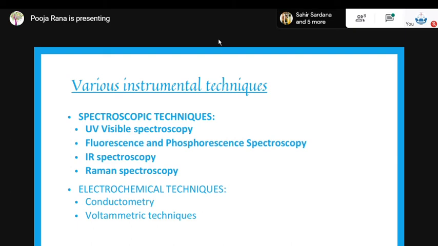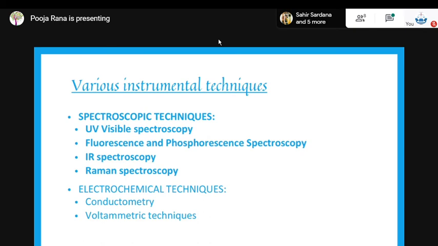The first one we are discussing is that after absorbing the radiation from UV or visible region, the molecules of the sample get excited. This electronic excitation is supplemented with excitation of the molecule to a higher vibrational level. So the electron is moving from a lower energy level to a higher energy level.